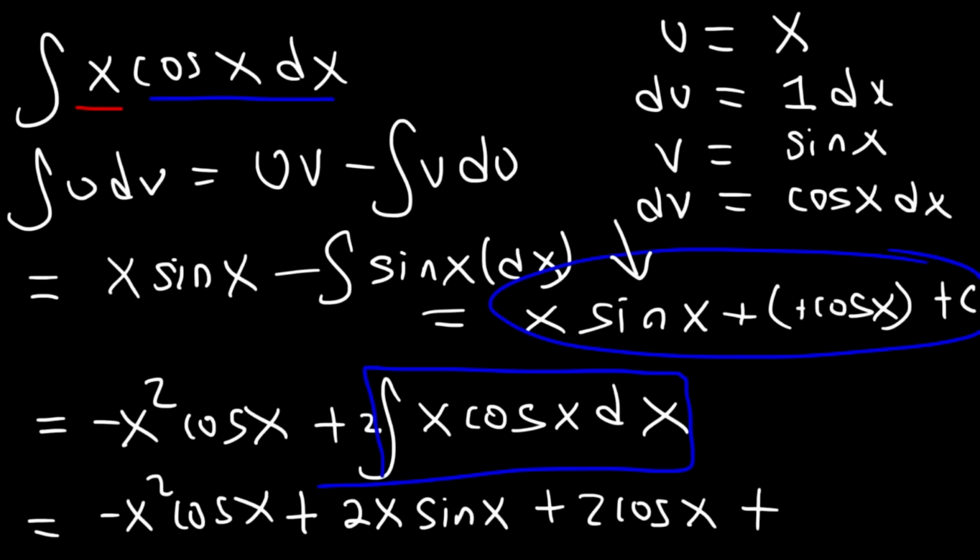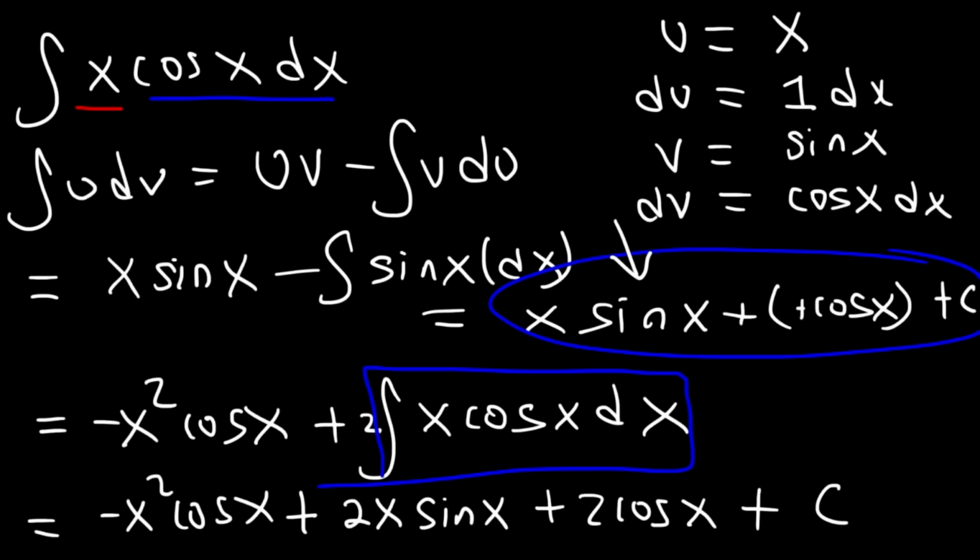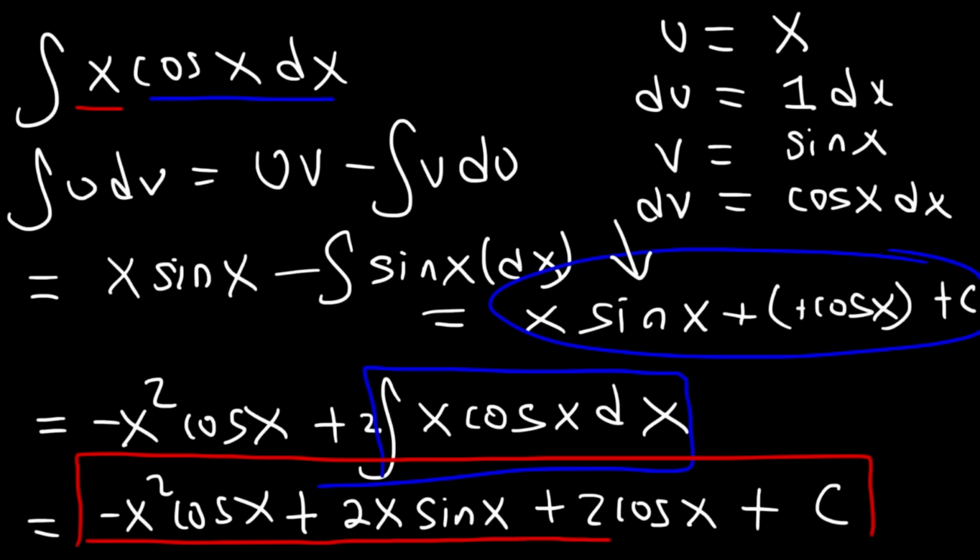And we don't need to multiply c by 2 because c is just some generic constant. And this whole thing is equal to the original integral. And so this is the answer. Negative x squared cosine x plus 2x sine x plus 2 cosine x plus c.